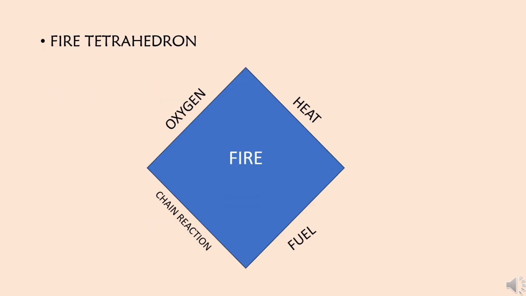The fire tetrahedron consists of the oxygen, heat, fuel, and the chain reaction. That is, this chain reaction helps in the continuous flow of the fire and thus results in the fire.